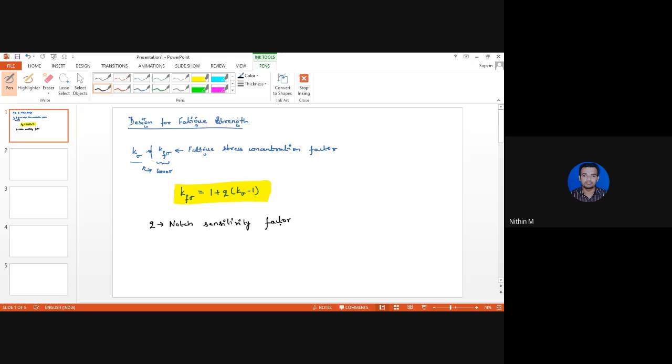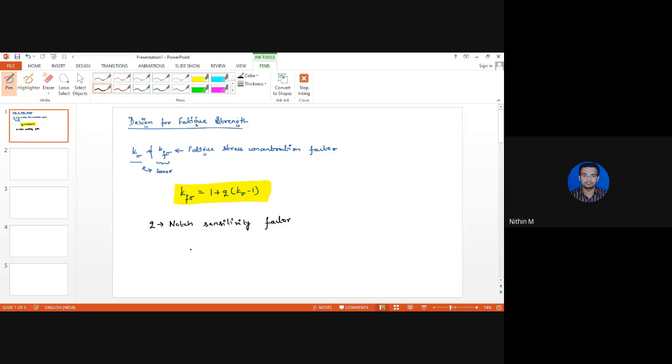Let me repeat it again. Notch sensitivity factor is the vulnerability of the component to succumb to the damages being caused due to fatigue loading. That is how we define the notch sensitivity factor.